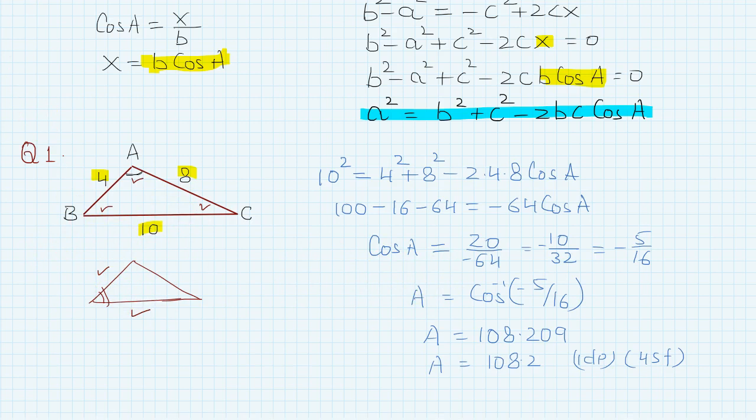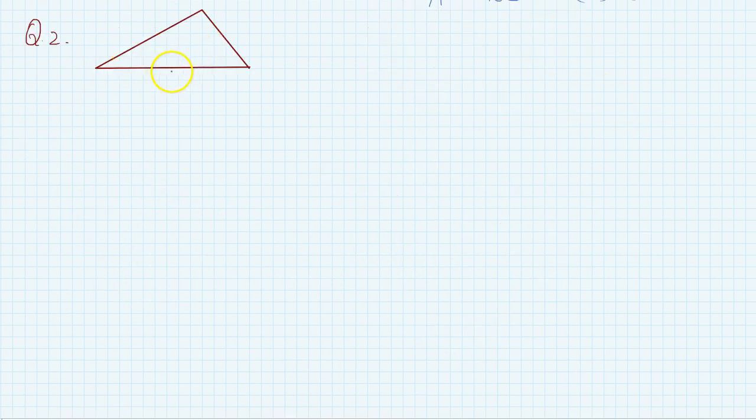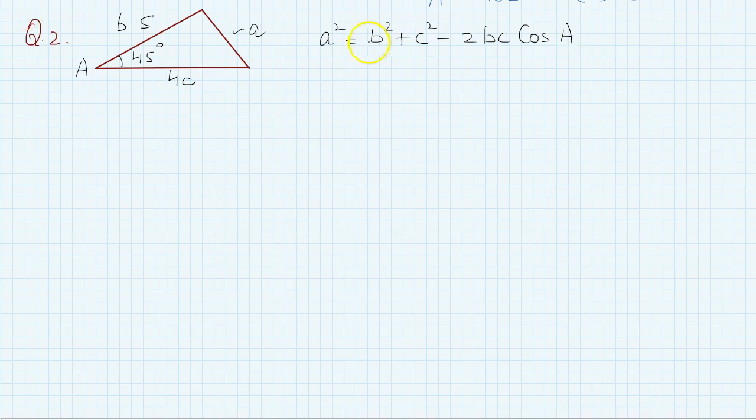Let's go to another example. This is a triangle whose sides are 4 and 5 and the angle between them is 45 degrees. We have to find this side. So let's say this is A, this is B, this is C, and this angle is A. We have to write a square is equal to b square plus c square minus 2bc cos A. So let's write the values.